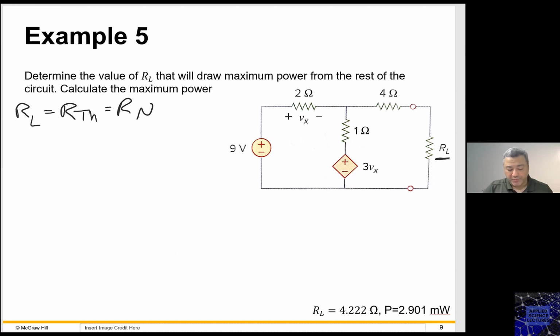The first thing you need to do is disconnect the load. We've always learned that we need to disconnect the load and put the load aside. So my circuit now is going to look like this.